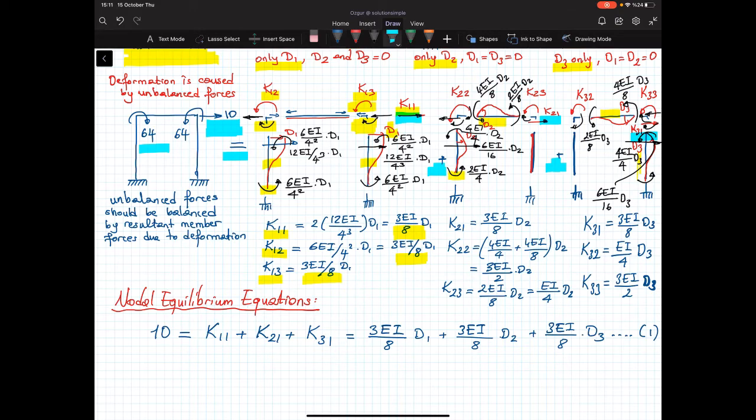Now for the second equation, I will write the nodal equilibrium.